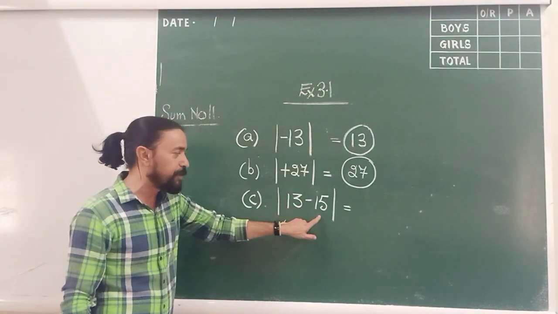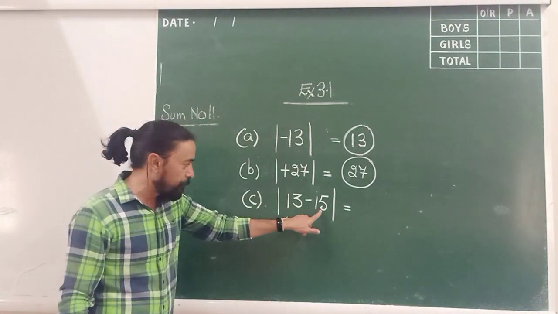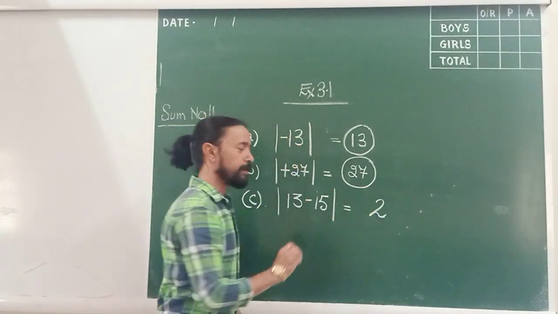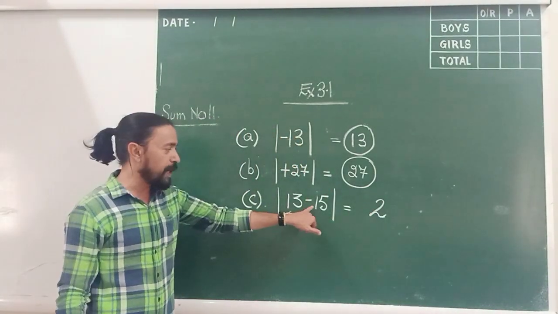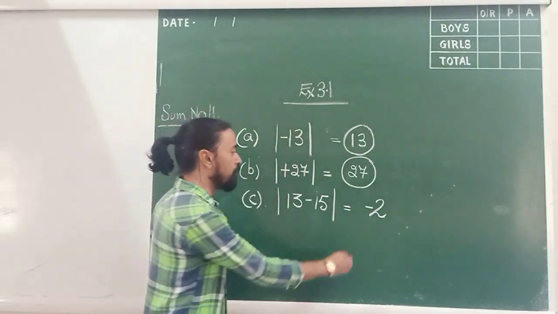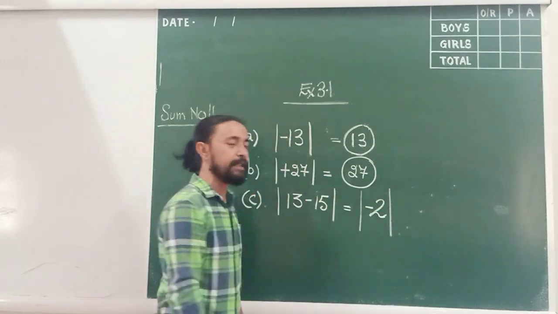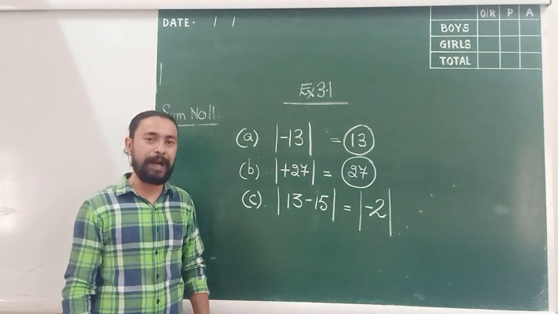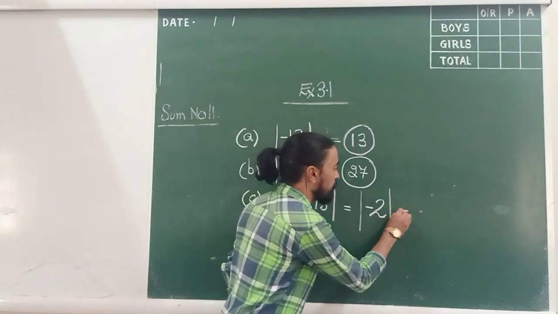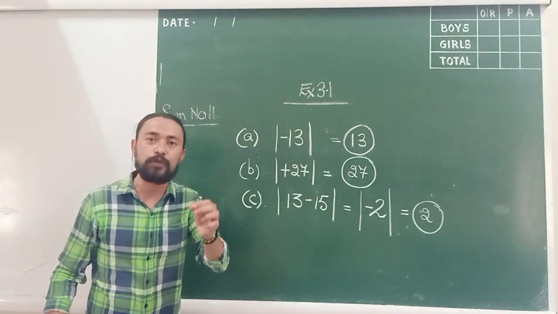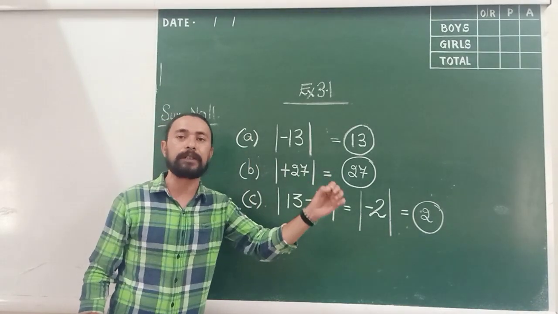In this case, 15 is greater than 13. So from 15, I will take away 13. The answer is 2. And I'll put the sign of the greater number, minus. Now I have solved it, so the lines remain still there. Now what is the absolute value of minus 2? The absolute value of minus 2 is 2 because it is 2 places away from the 0.